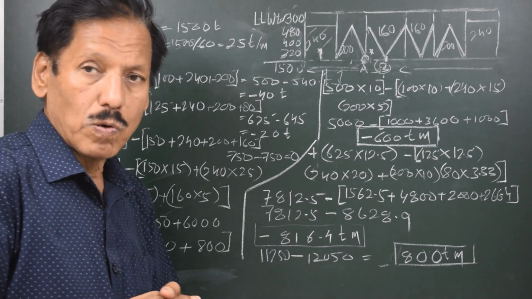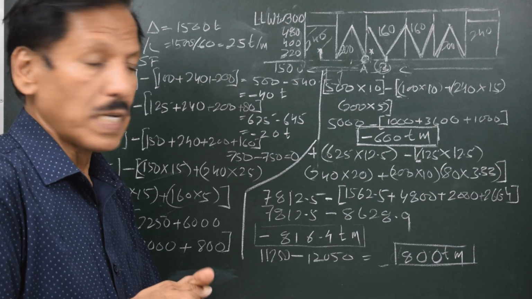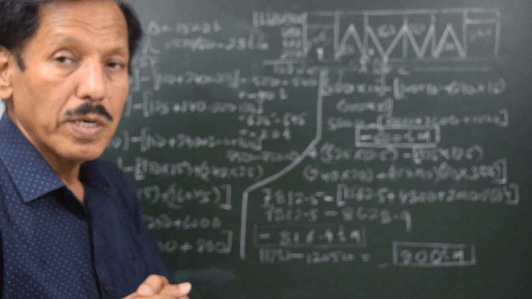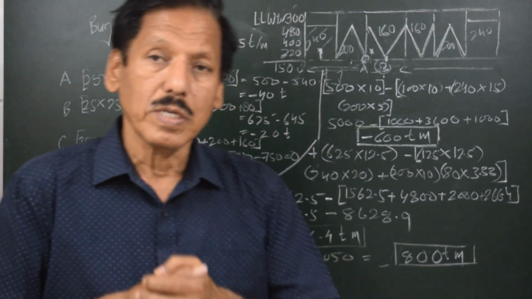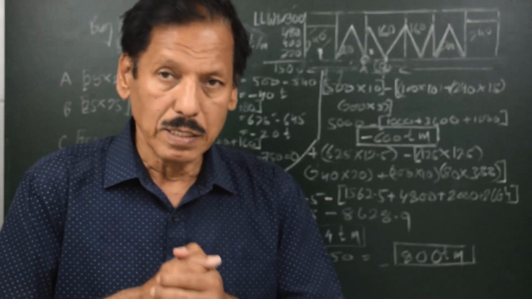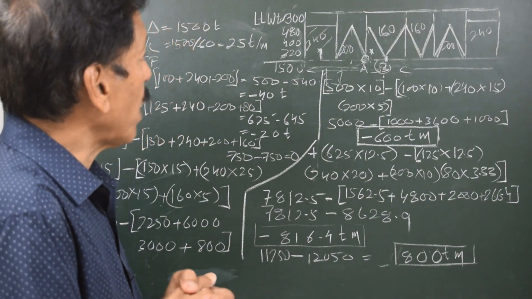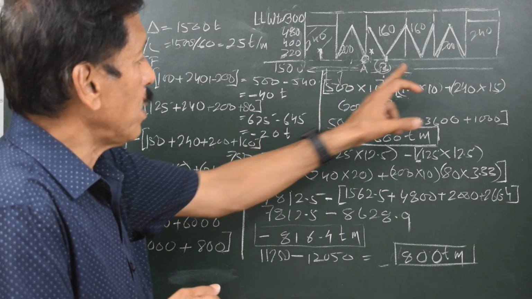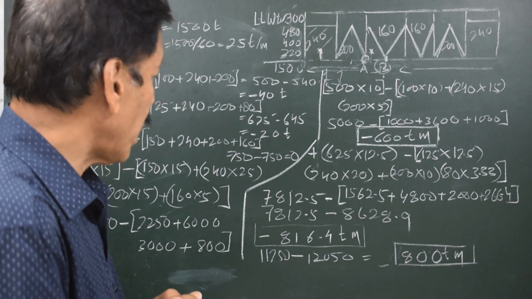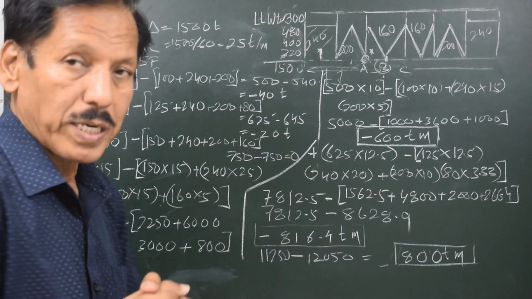To find out the shear forces, we do the algebraic sum of the vertical forces to the left of the point under consideration, and to find out the moments, we find out the clockwise and anti-clockwise moments to the left of the point under consideration. And we found that the bending moments at points A, B, C are minus 600, minus 816.4 and minus 800 tons meter respectively.